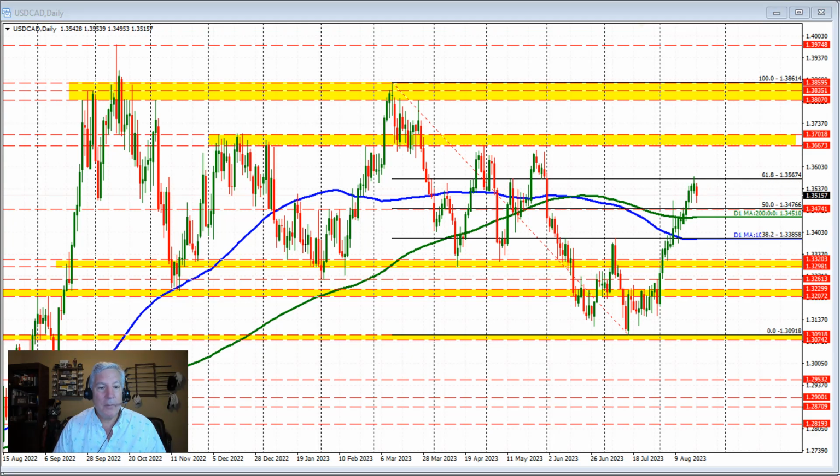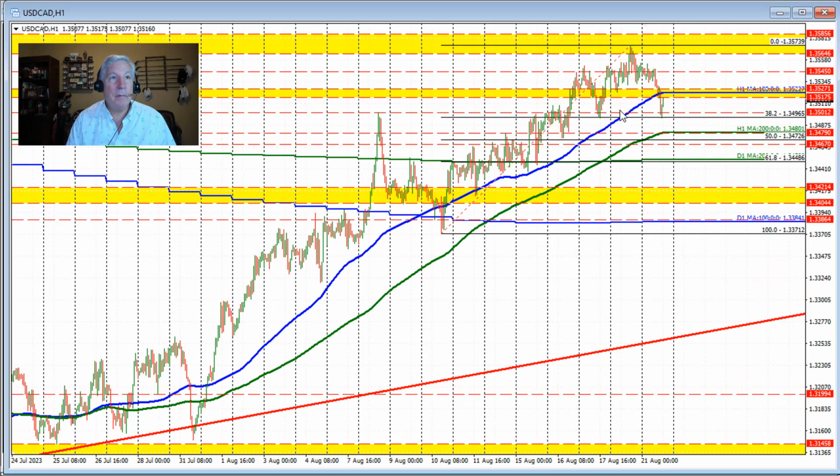So let's earmark 135.67 on further upside momentum as a key level. We moved above it in last week's trading, but rotated back to the downside. But if we get above that level and above the high from last week, things are more bullish for this currency pair. And of course, on the hourly chart, if we break below the 38.2 and the 200-hour moving average, things turn progressively more bearish for this currency pair.